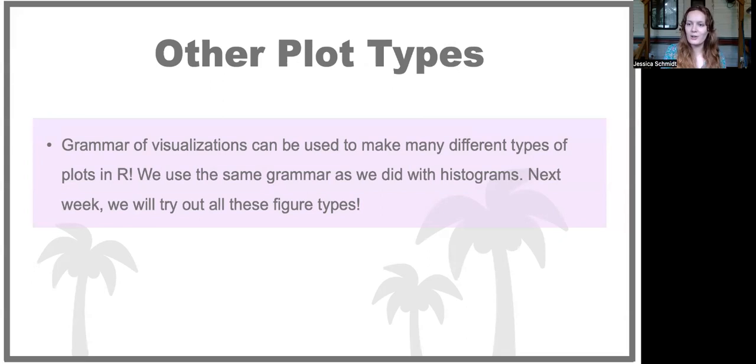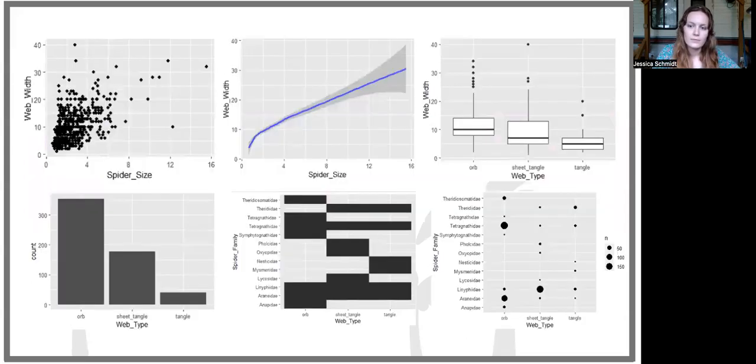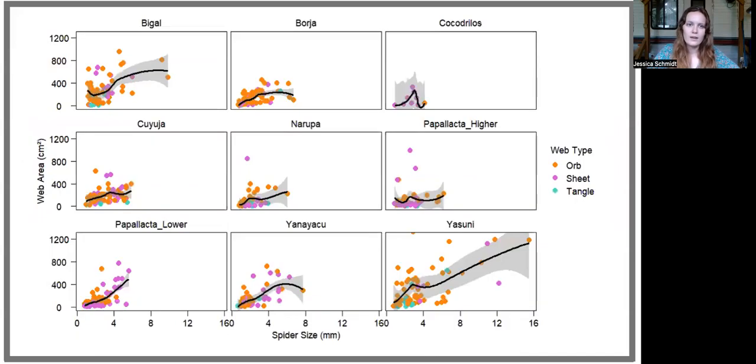And we're also going to talk about how to choose a plot type, how to know which one will best fit your data. And these are some examples of awesome things that we can make in R: scatter plots, box plots, bar plots, line plots, heat maps, all sorts of stuff. And we'll also learn in the future how to use our grammar of visualization to make them aesthetically appealing and informative, make ourselves some nice looking plots.